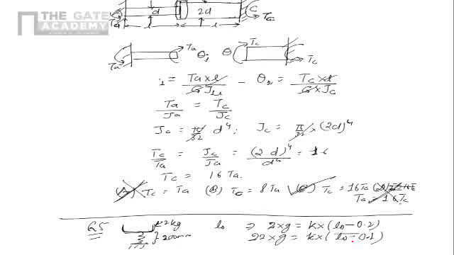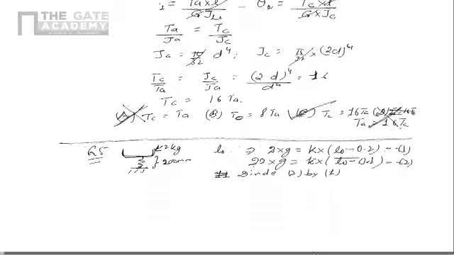Now if you have to figure out the value of L0, we can divide these two numbers. Let's say this is relationship 1 and this is relationship 2. So divide 2 by 1, that's what I'm doing. If I divide, I get 11 is equal to L0 minus 0.1 by L0 minus 0.2.